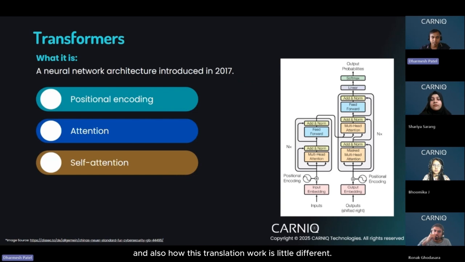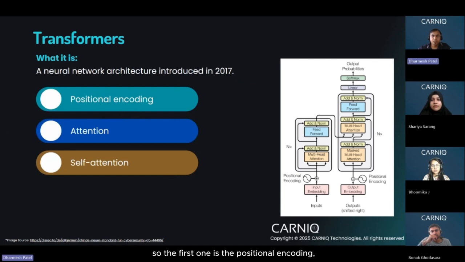Also, how the translation works is a little different. If you look at the image on the right side, you can see the complete workflow of how the transformer is designed and how it works. It also involves mathematical things, but we will not go in depth. Basically, it involves three things.